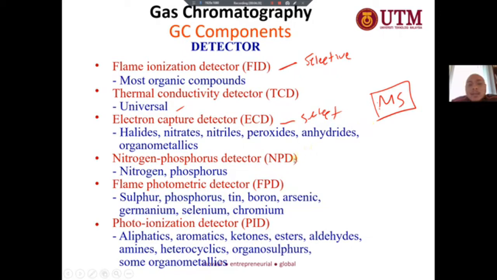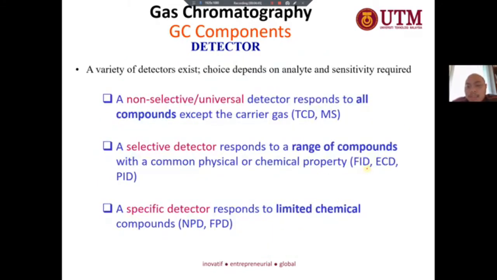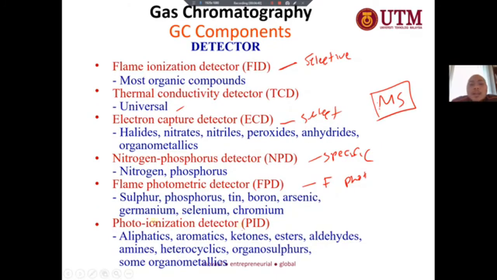Then we have the specific detectors, the nitrogen phosphorus detector, and then we have the flame photometric. I'm sorry, because previously I said that P stands for phosphorus, my mistake. It's flame photometric detector.